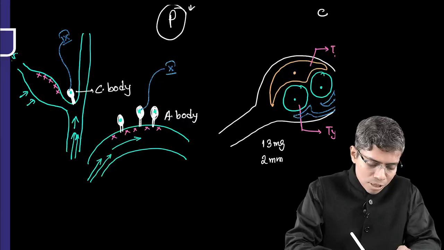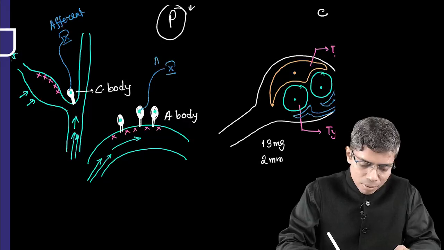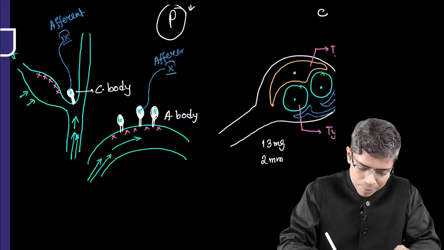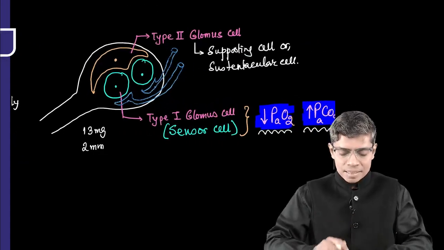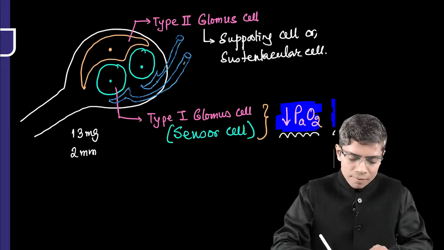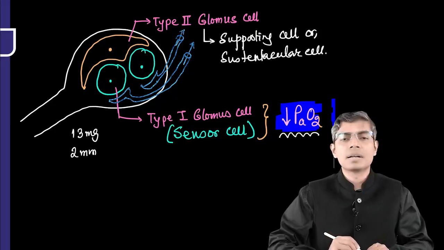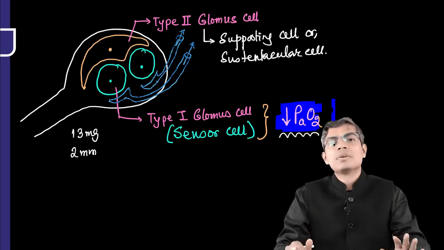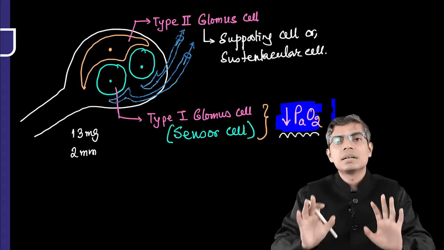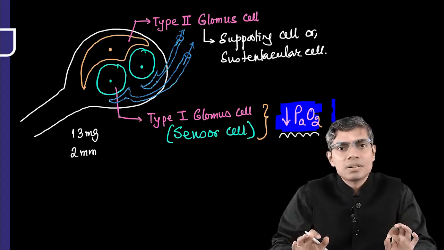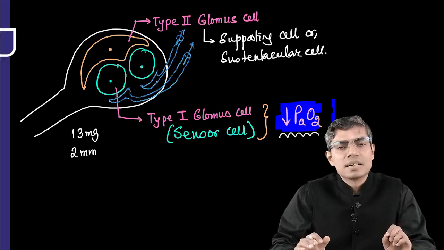So these two neurons are the afferents from this chemoreceptor. Whenever these chemoreceptors are activated, they stimulate the afferent neurons connected with this glomus cell, and this afferent neuron ultimately stimulates the ventilatory center or respiratory center, that is nothing but the pre-Bötzinger complex.